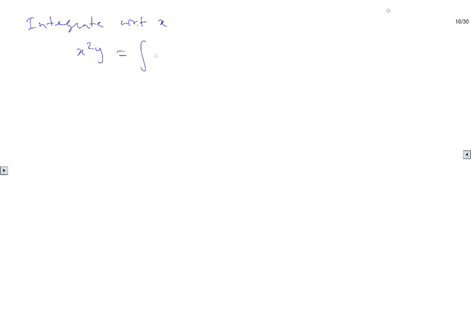The other side is the integral of cosine x plus 1 dx. This is a very easy integral. The integral of cosine is sine, so we get sine x plus x, and we add a constant c.